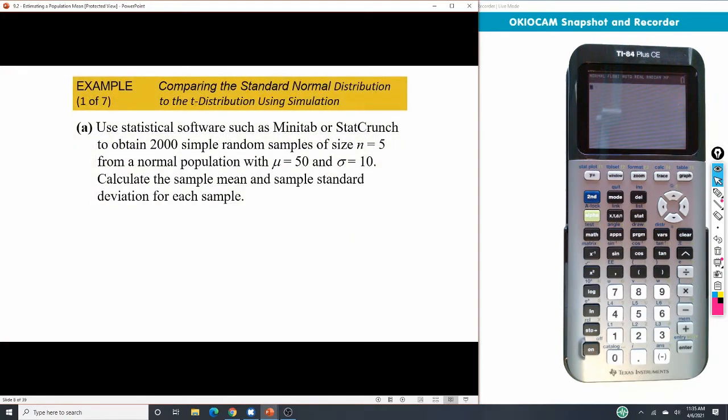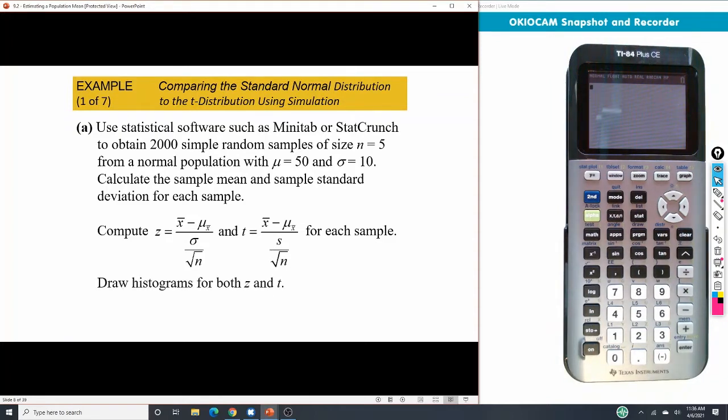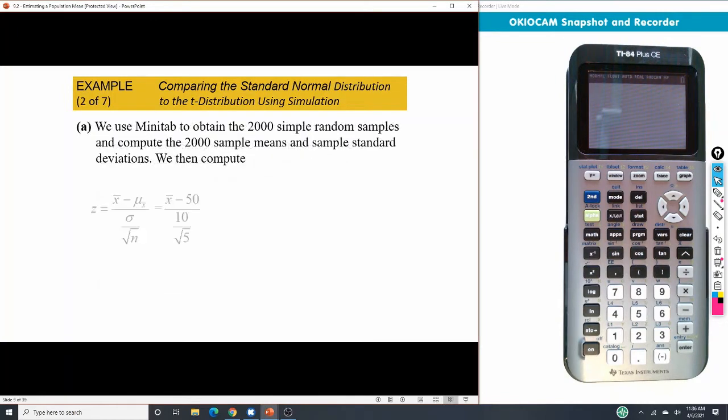Now, when comparing z versus t, the big difference is sigma versus s. Sigma is our population standard deviation, and s is our sample standard deviation. So those will differ.